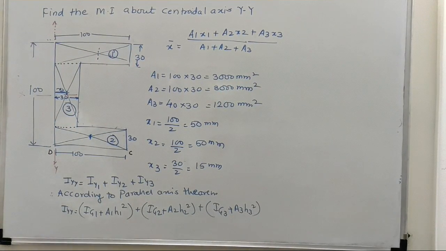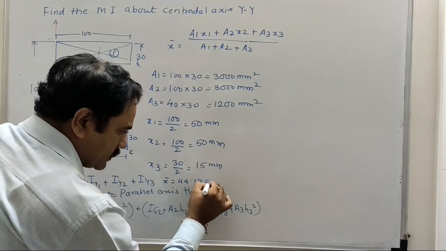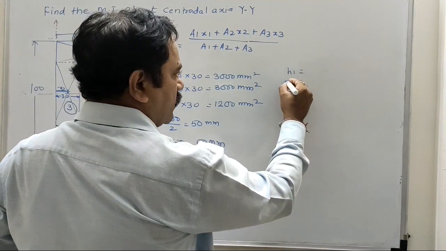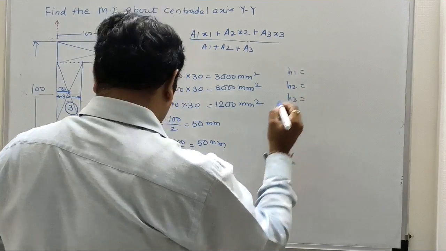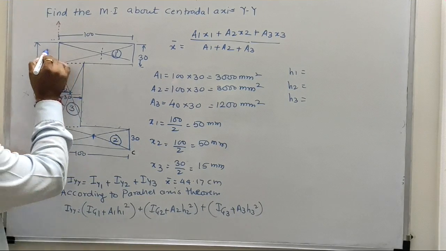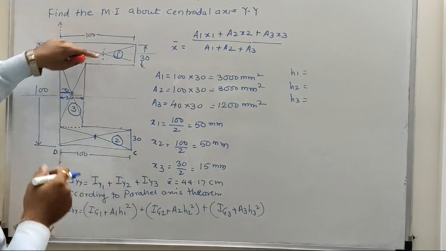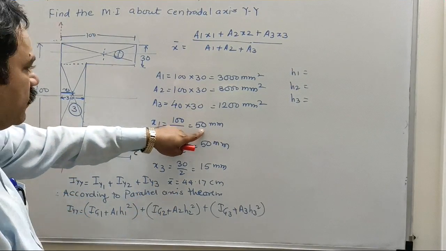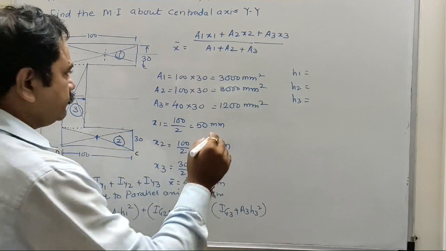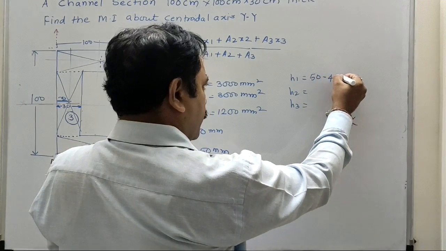Our x bar is 44.17 centimeter, which is required for calculation of H1. So first calculate H1, H2, H3. What is H1? H1 is the distance between the centroidal axis of the first rectangle and the centroidal axis of the total figure. So it is 50 minus 44.17.